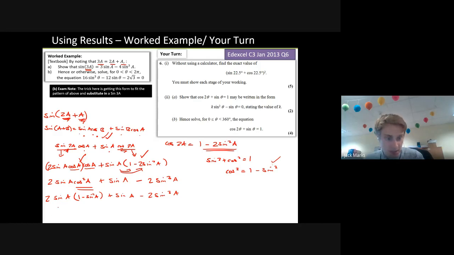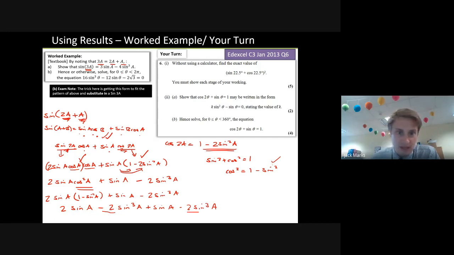Cleaning up the left-hand side, we have 2 sine a, and then we have minus 2 sine cubed a plus sine a minus 2 sine cubed a. If you look at the sine cubed, there's a minus 2 and another minus 2. That gives you your minus 4. There's a 2 sine a, and then there's another sine a. That's your 3 sine a.